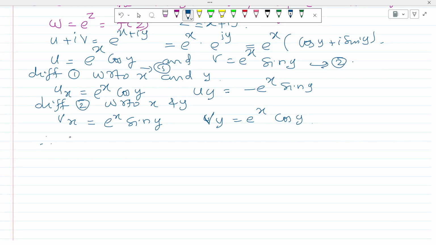Therefore, we have seen here ux equal to vy equal to e power x cos y. Similarly, uy equal to minus vx equal to minus e power x sin y.